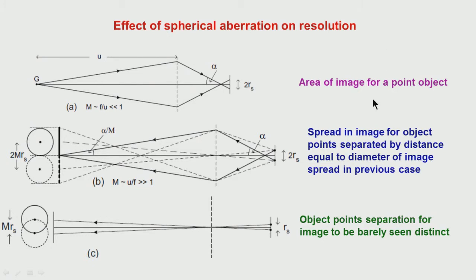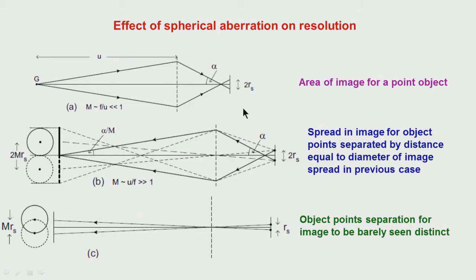What does spherical aberration do for a point object? We do not get a point image; we get a disk of least confusion. In the Gaussian image plane, instead of a point image, we get a disk with a diameter.